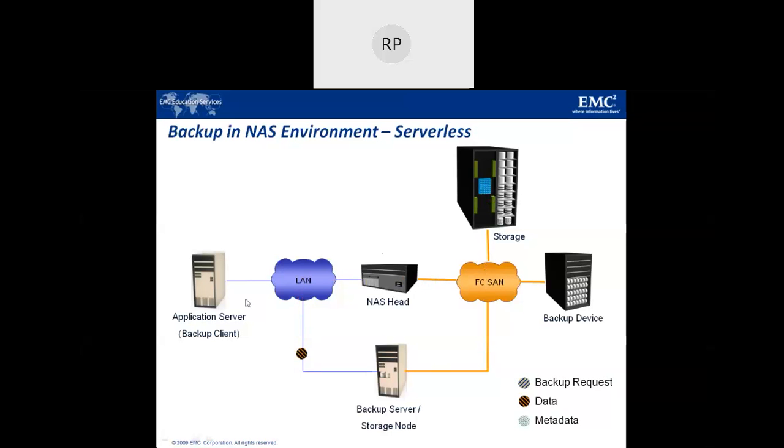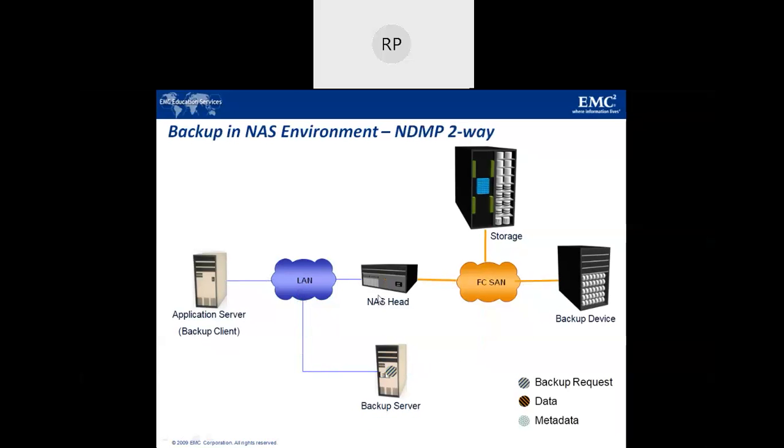In this, the application server is not involved in the backup process. It is just used for sharing the metadata and for sending the backup request. This is the second approach.